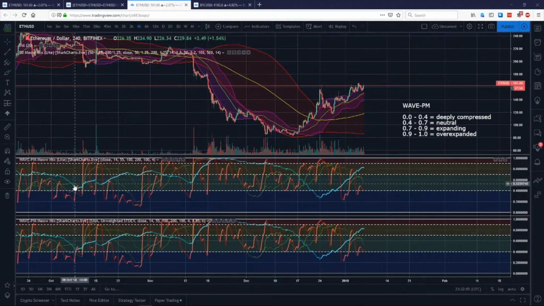So we see that with our 200 band here, where it got pretty compressed around here, and slowly got a little bit into the area where it might trend, but not really, and started compressing again.